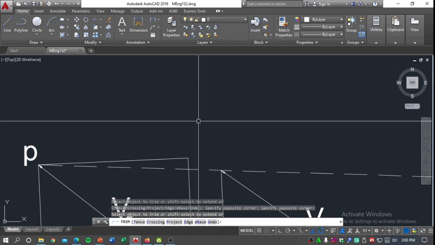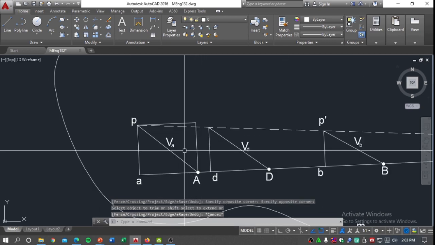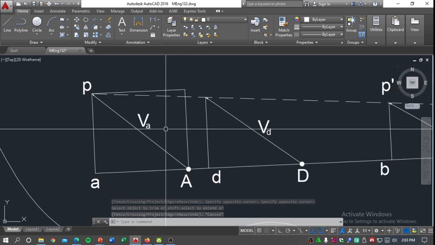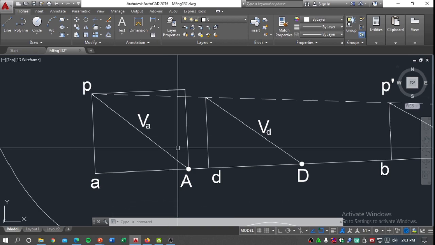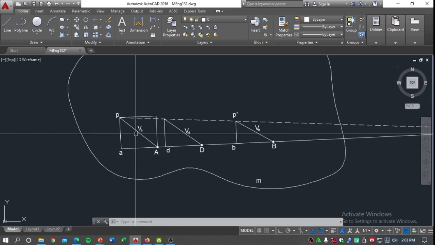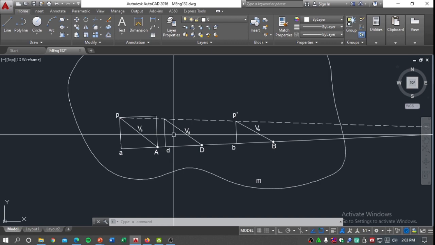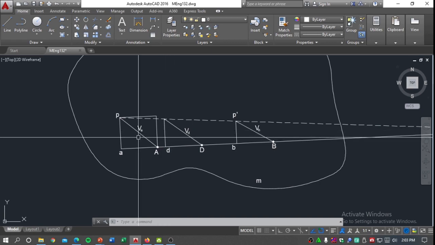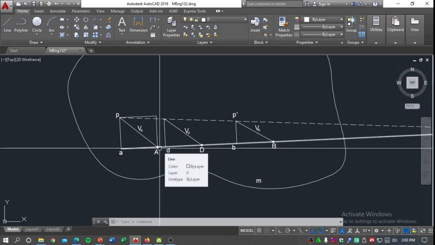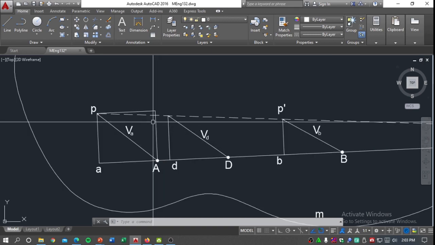If you observe what we've just done, we resolved the vector VA into components by drawing a parallelogram. Okay, we can obtain the imaginary axis Q.